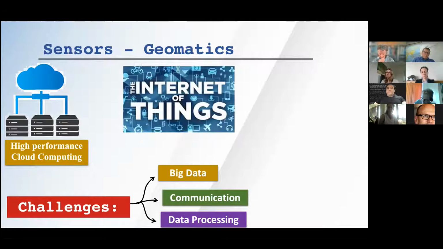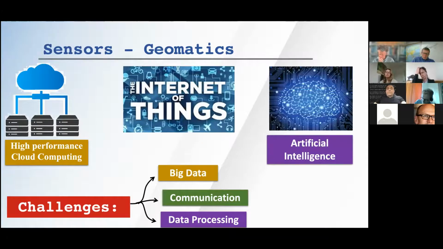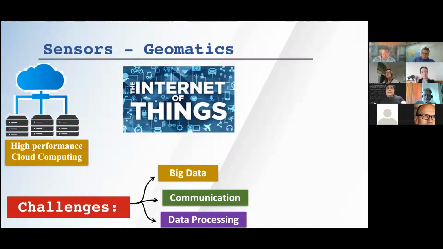But there is one influential concept that is very important in using sensors, especially for the field of geomatics. That is the Internet of Things. This concept makes it possible to simply address the communication challenge.